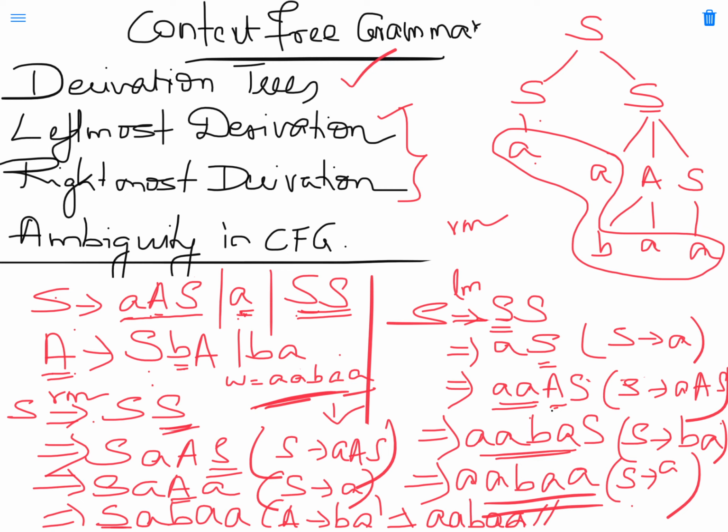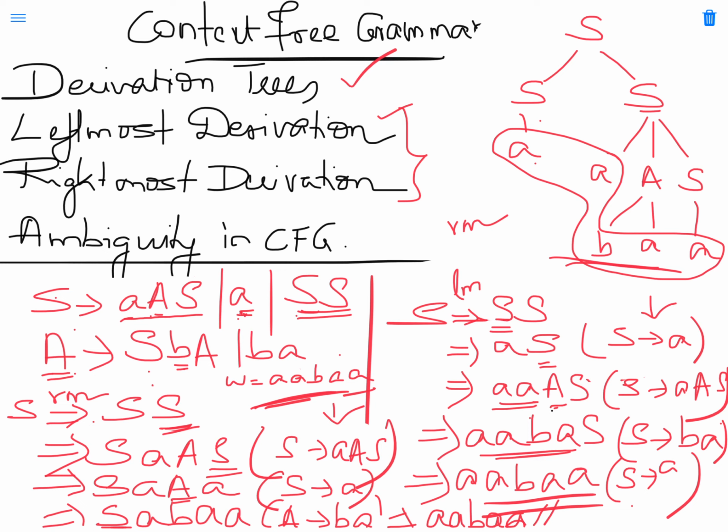Here first you have applied S gives AS, and in leftmost derivation you have applied S gives A. The order of applying the production on the right-hand side is different. But when you finally draw the derivation tree, it will be the same. That is the common thing for leftmost and rightmost derivation: the derivation tree will be the same.